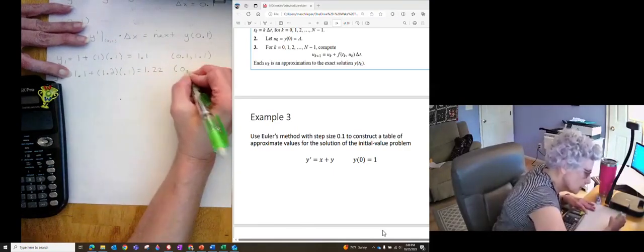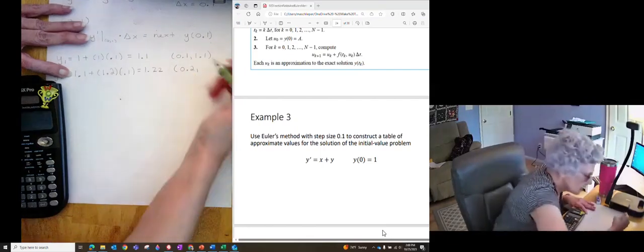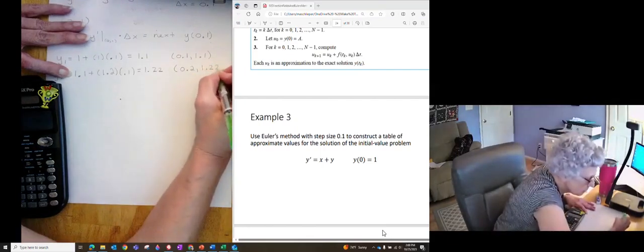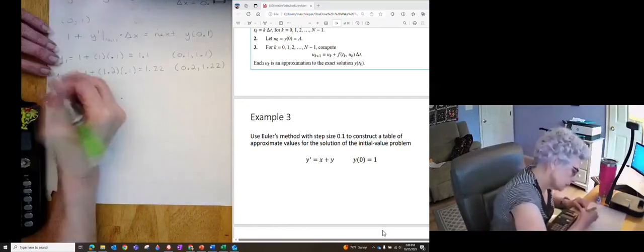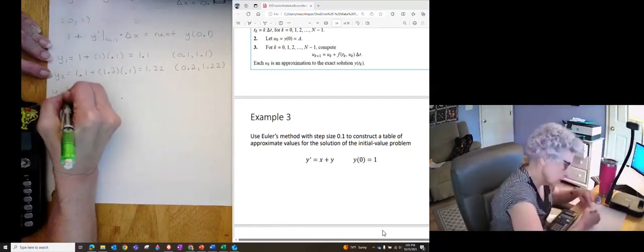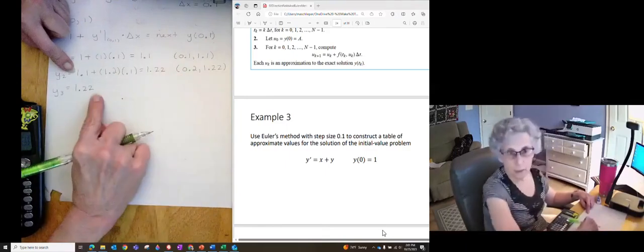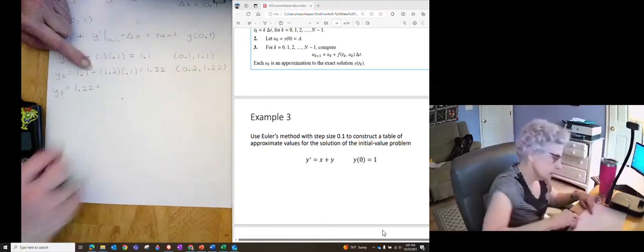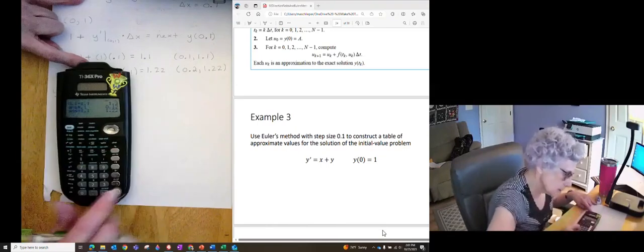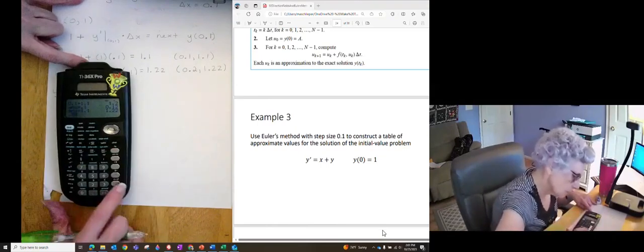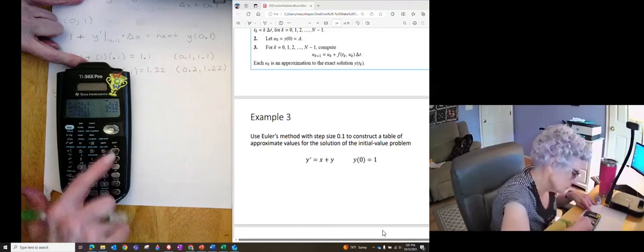So now I have the point: x increments by its step size. Y is now 1.22. So we're crawling along that slope field. Y3 would be equal to y2. New y is now the old y, plus I need my derivative, and my derivative is x plus y, so 0.2 plus 1.22.